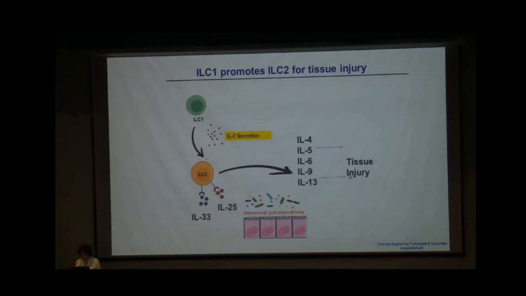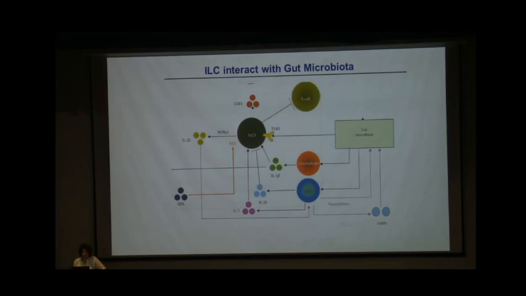So does the ILC interact with the microbiota? Of course, this slide does not have the liver. I have the neural networks and the microbiota, but they have given some kind of a hint that ILCs directly interact with the gut microbiota.